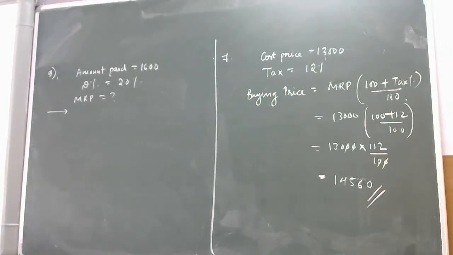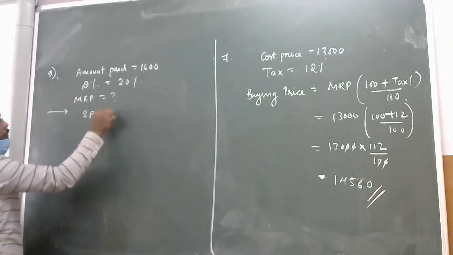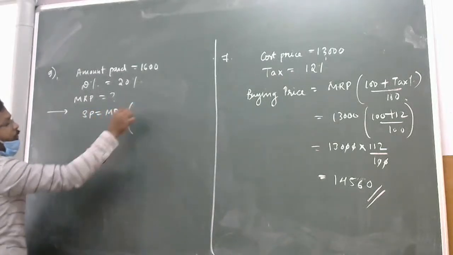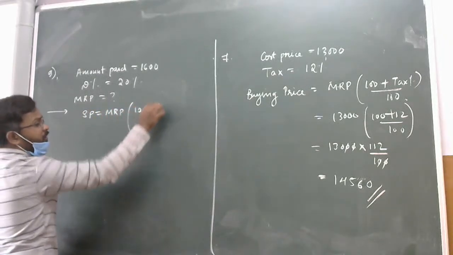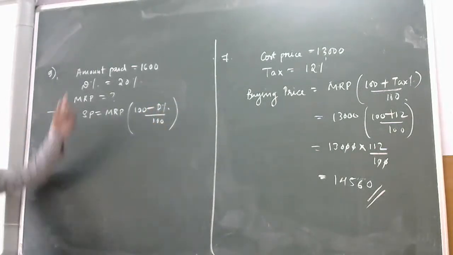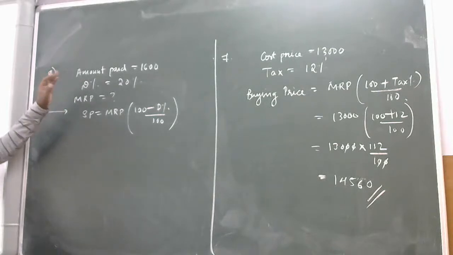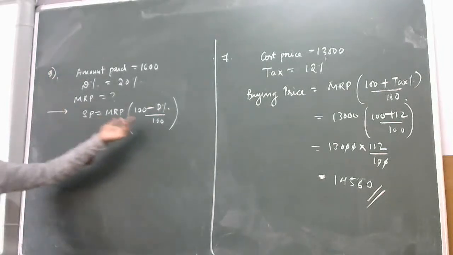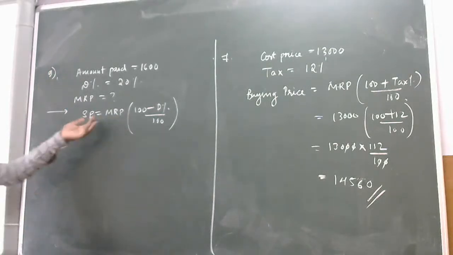So selling price will be equal to MRP into 100 minus discount percentage divided by 100. Whenever you have discount percentage, you have to use this formula only. Now you put all the values whatever they are given.